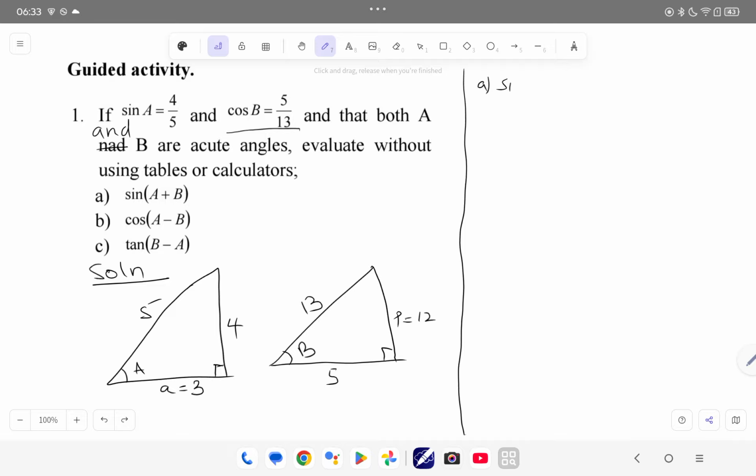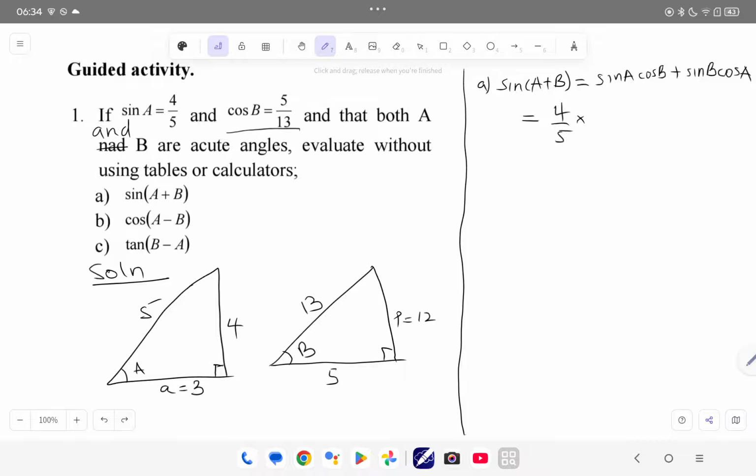Part A, sin(A plus B). When you expand it using our first expression in the list we are using, it will be sin A cos B plus sin B cos A. We have got sin A. Sin A is 4 out of 5.